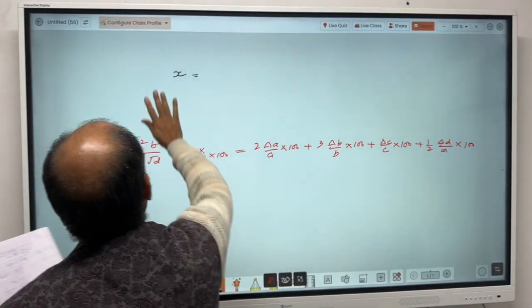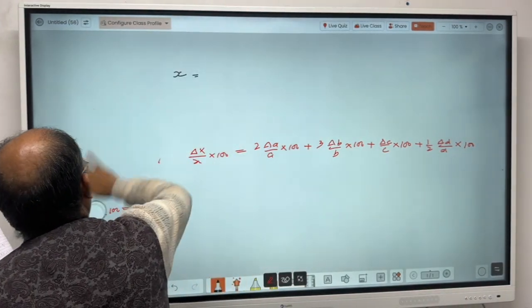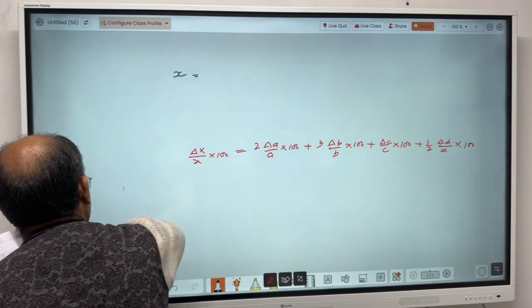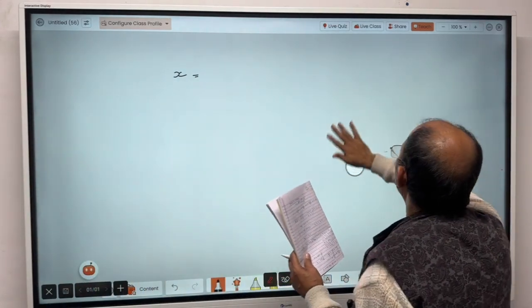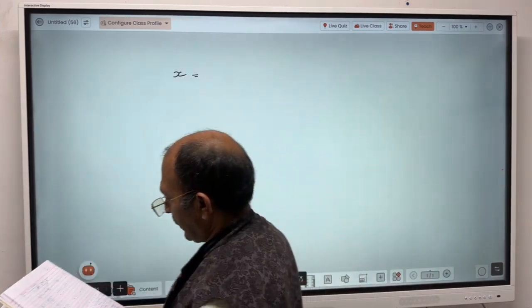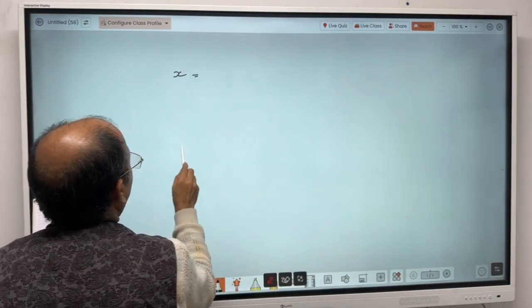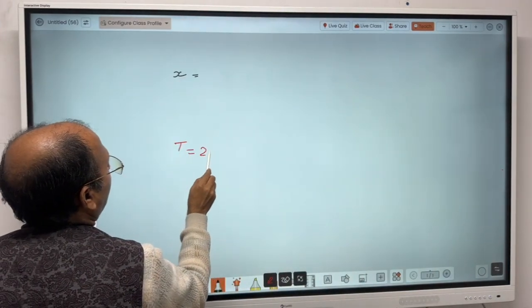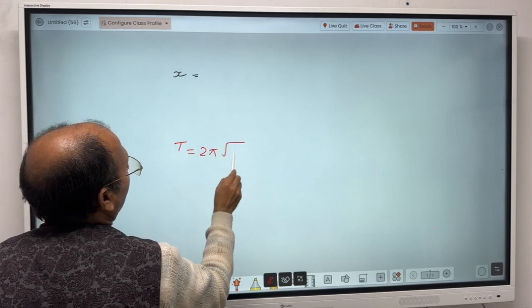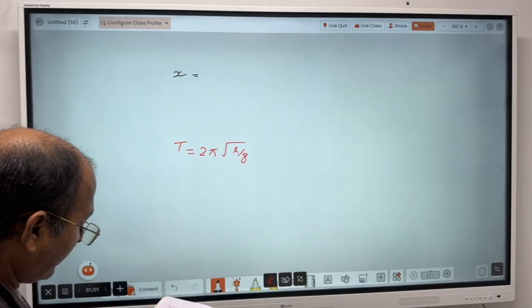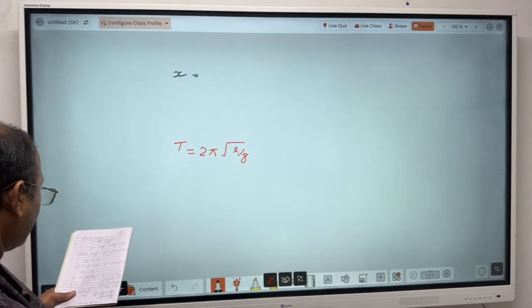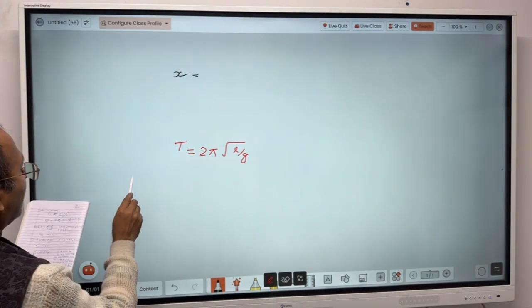Now, one more question based on it we are going to do. The next question is the time period of a simple pendulum. As you know, T is given by 2 pi root of L upon g. In this question, some information is given.